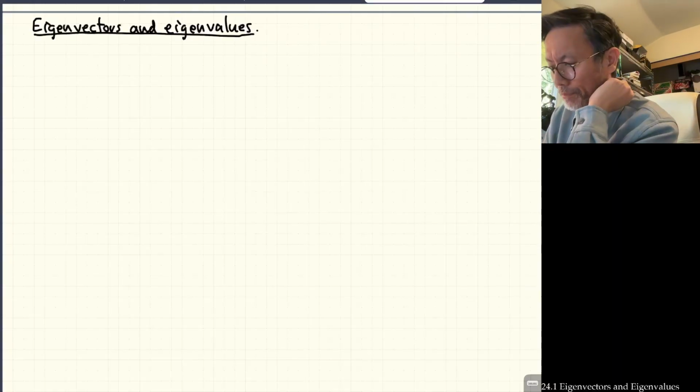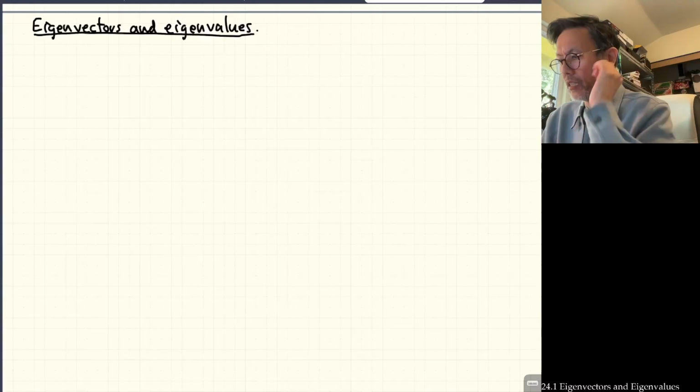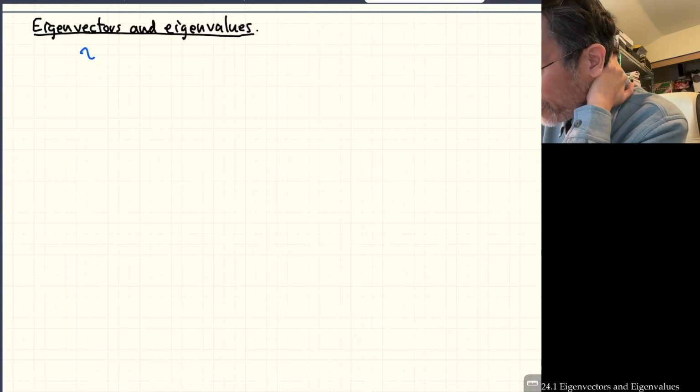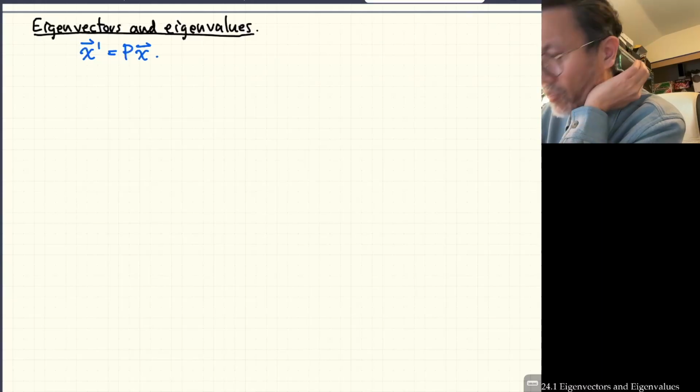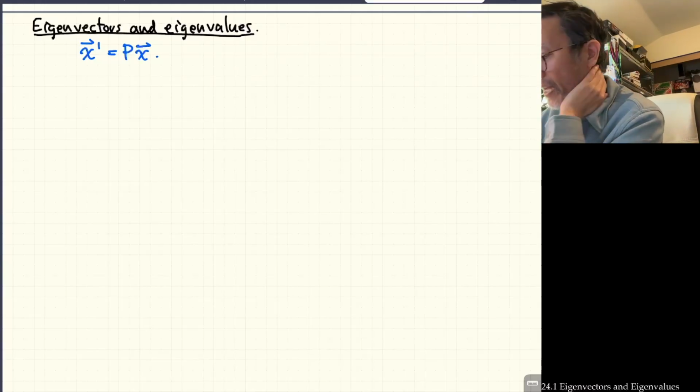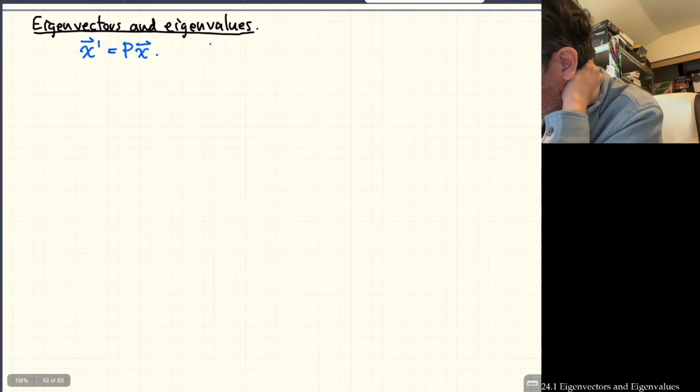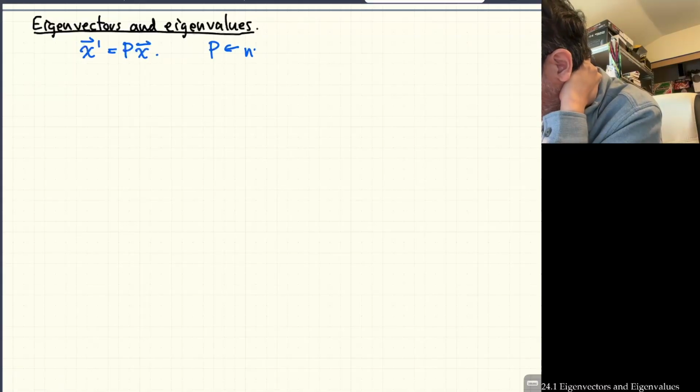Here's the idea. We're going to consider equations like x prime equals P times x. And don't forget, P here is going to be an n by n matrix with constant entries.